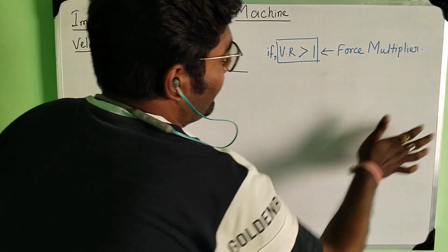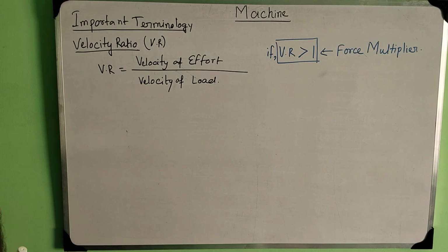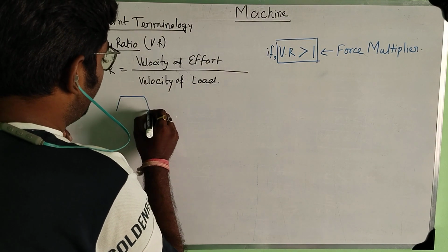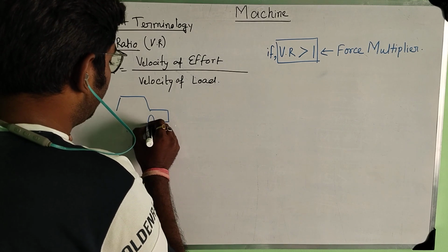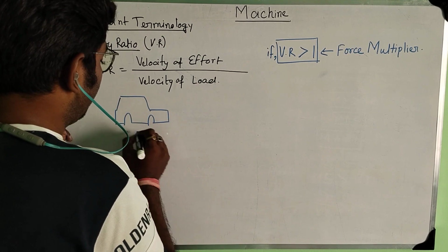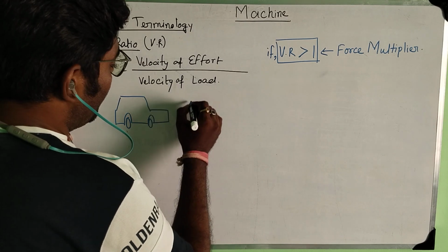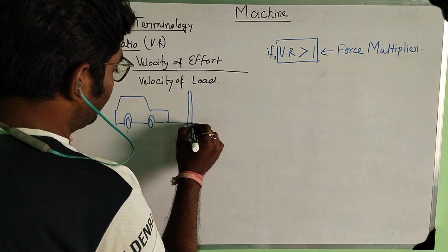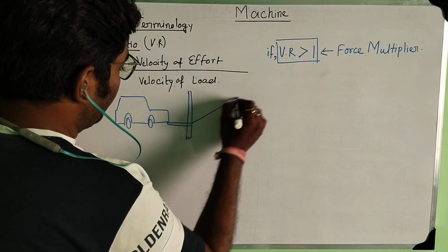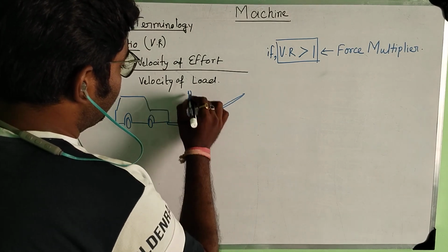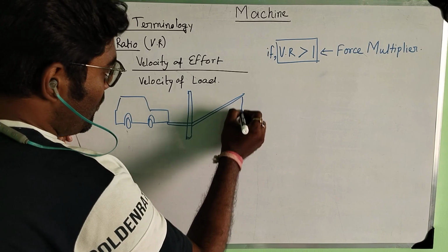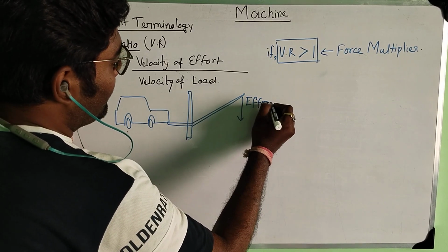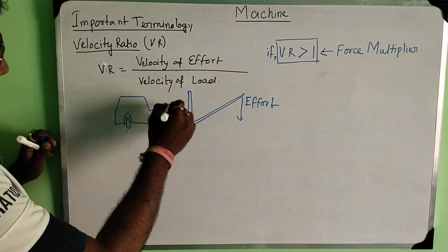Now, you can see the example of a jack screw. In the case of a jack screw, what we will do? In this jack screw, we put the effort here and the car is lifted.